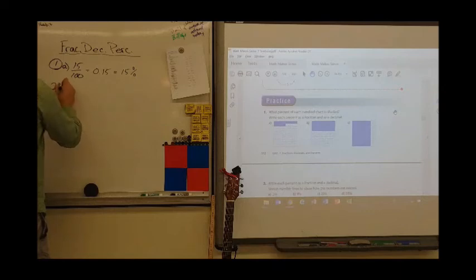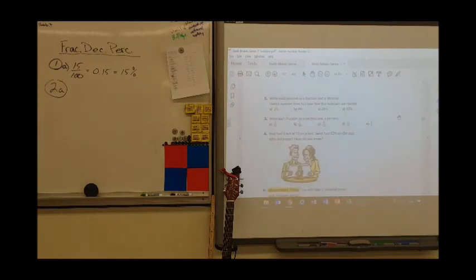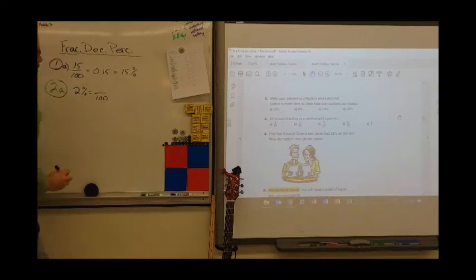Let's go to 2A. 2A says write each percent as a fraction and a decimal. So I got 2%, I need a fraction. Well, we know percents are out of 100. So if it's 2%, that's 2 out of 100.